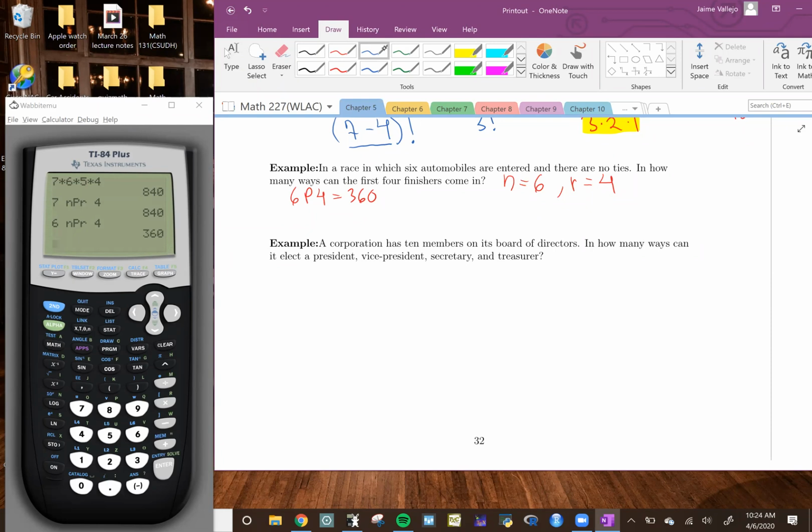So why do we do 7? Oh wait, never mind. 6P4 and that's it. Okay. Yeah. All right. If you look at this problem, you could also do this by logically thinking about it.